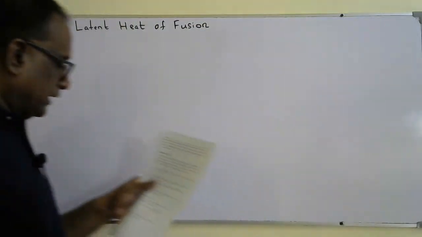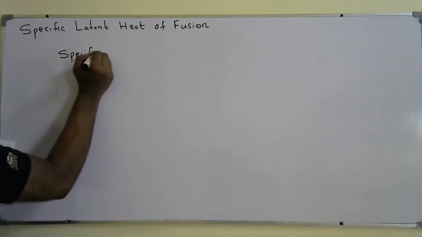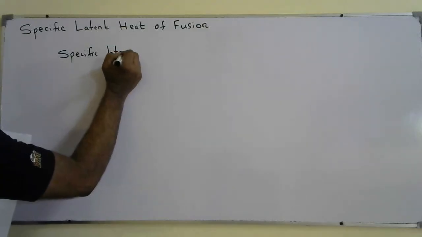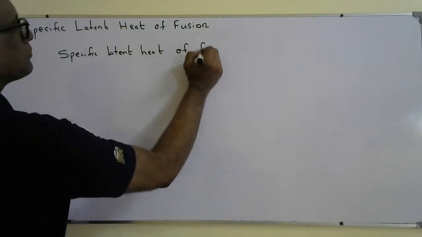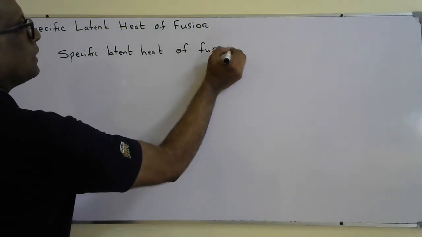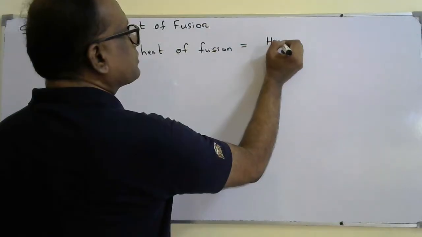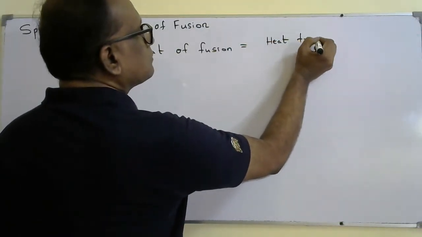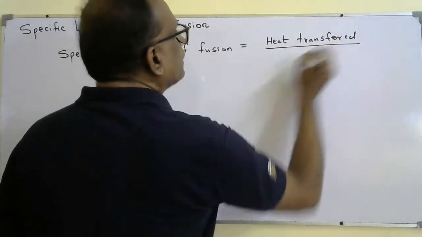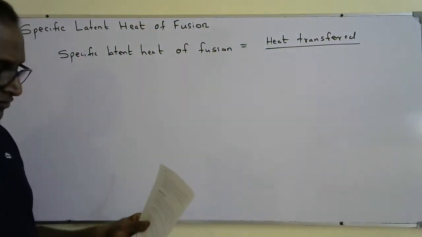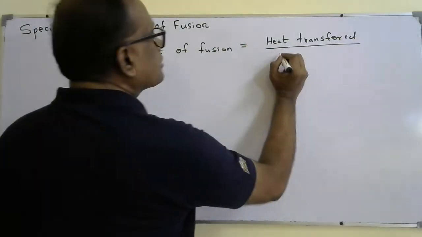So if I put it in words, specific latent heat of fusion equals the amount of heat required or heat transferred over the mass of state change, the mass which becomes solid to liquid.